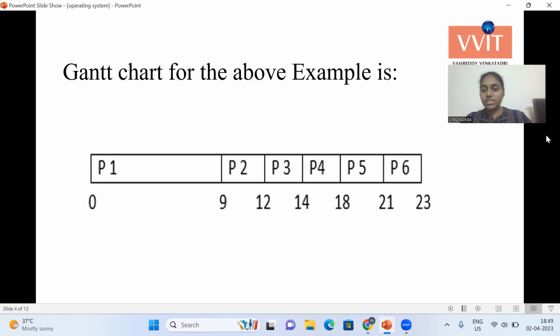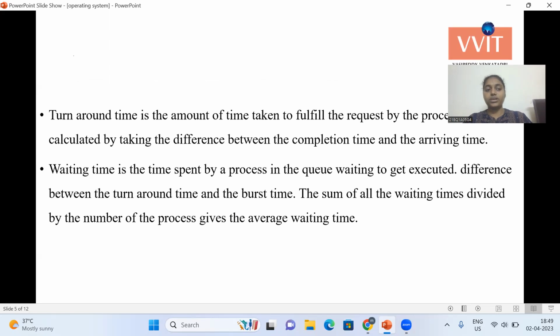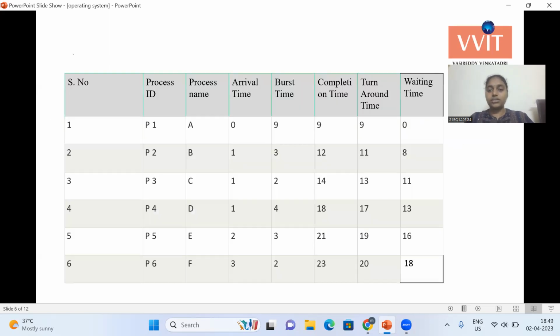For P6 it is 23, P5 21, P4 18, P3 14, P2 12, and for P1 it is 9. After writing completion times, we have to calculate the turnaround time.